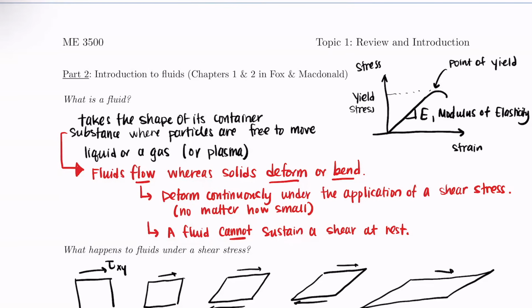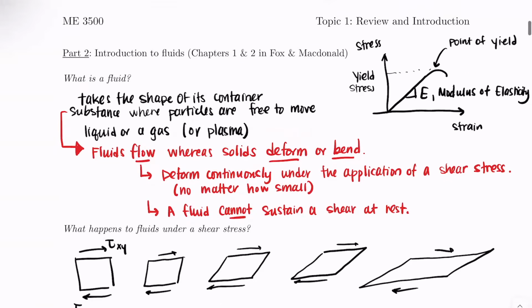And it turns out that fluids have an analogous property to the modulus of elasticity. Does anybody have a guess about what it might be? Oh, I would love that to be its name because it would be so symmetric and make a lot of sense. But it is actually called viscosity.